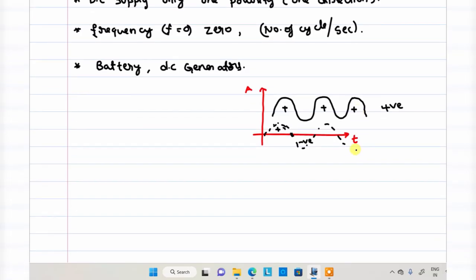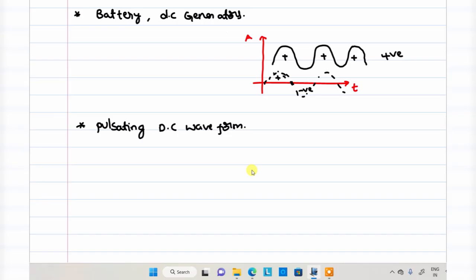Next one, the third one, pulsating DC. Pulsating DC waveform. Let's look at what a pulsating DC waveform is. In this case, this is the time axis, and for example this is the current. The waveform will be pulsating.